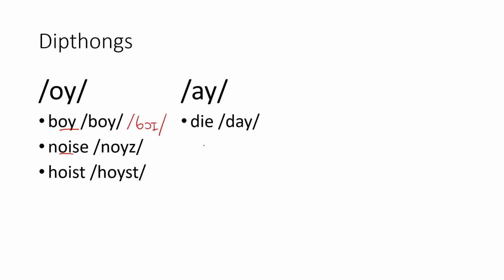The diphthong I is the sound in die, and if you read this, it may get a little bit confusing because this is the pronunciation for this, right? So don't read this as letters. Read it as if you were going to read Spanish. So for example, if you were to read this in Spanish, it says die.